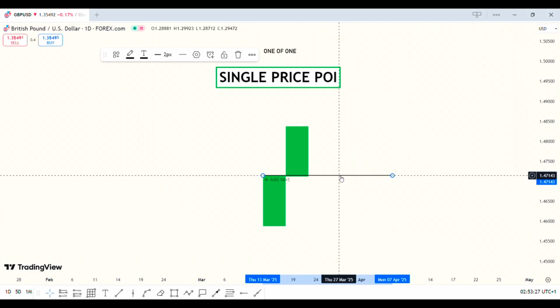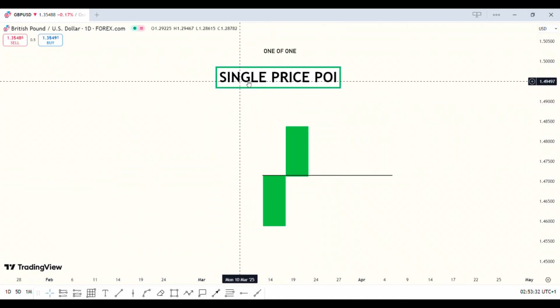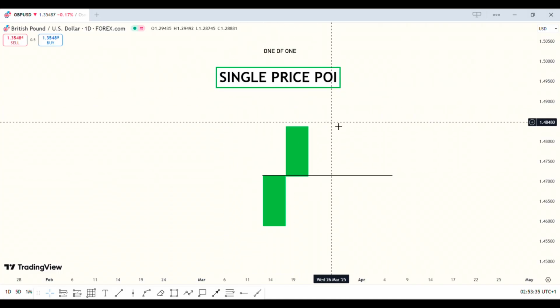There are some criteria that I want us to talk about: what makes these single price POIs valid.